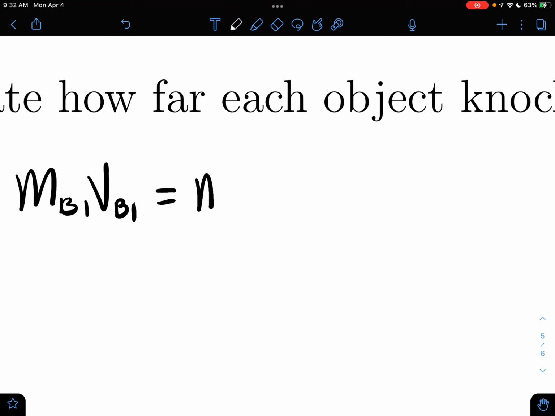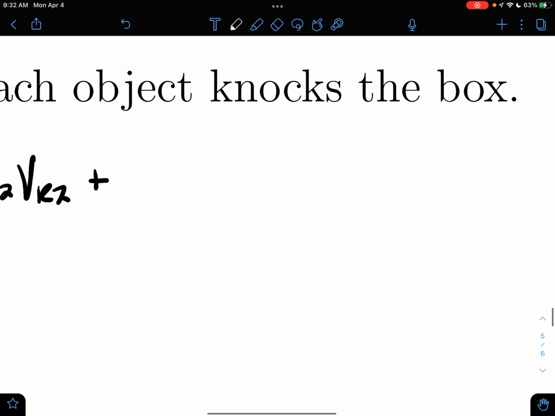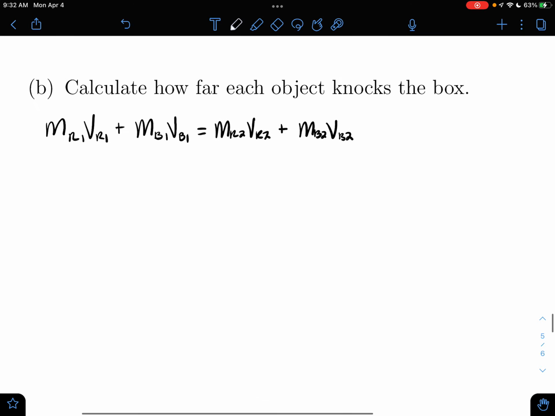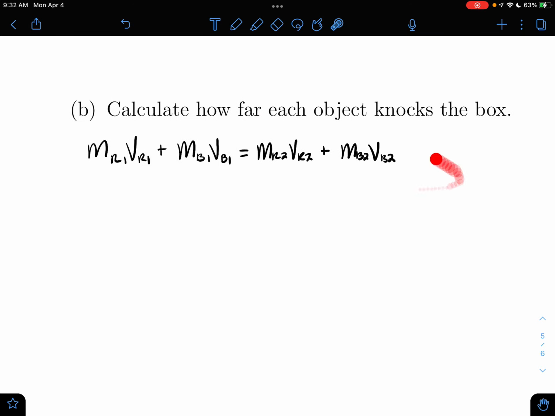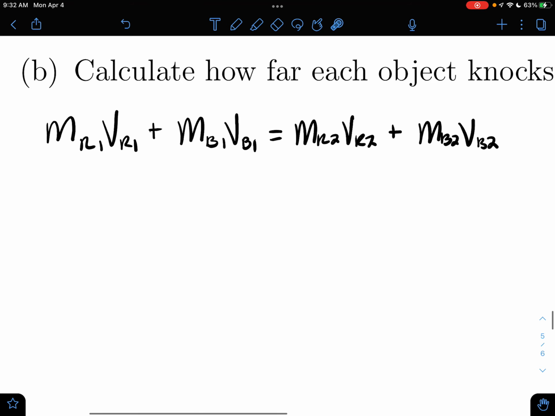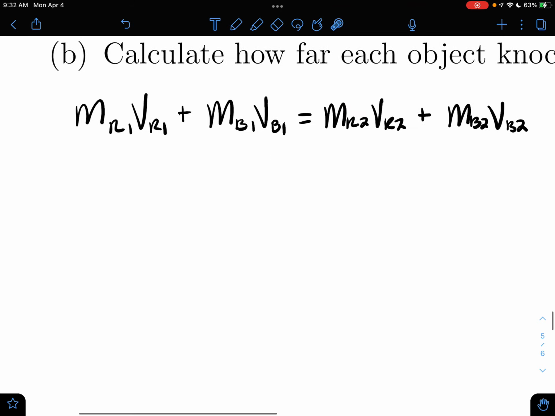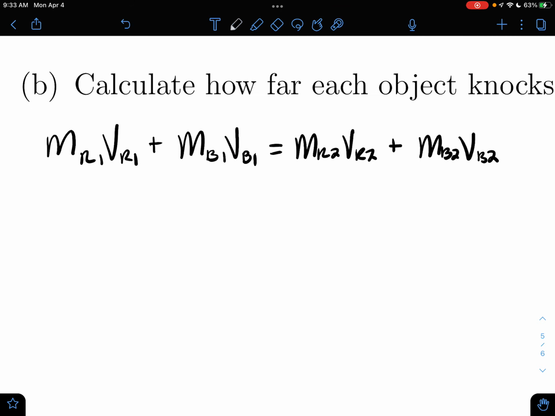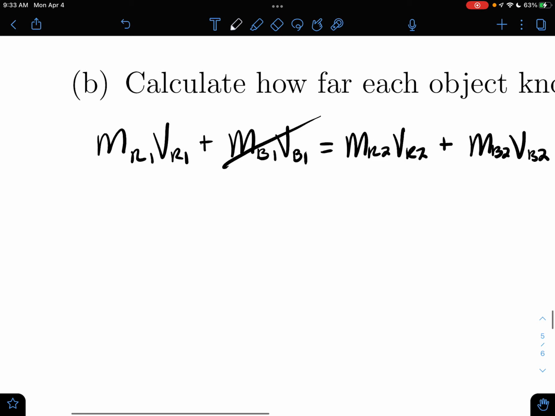I'm writing things out of order today, but here's our conservation of momentum. We define our system as the ball and the box. We know that our initial velocity of the box is going to be 0, so you can just ignore that.